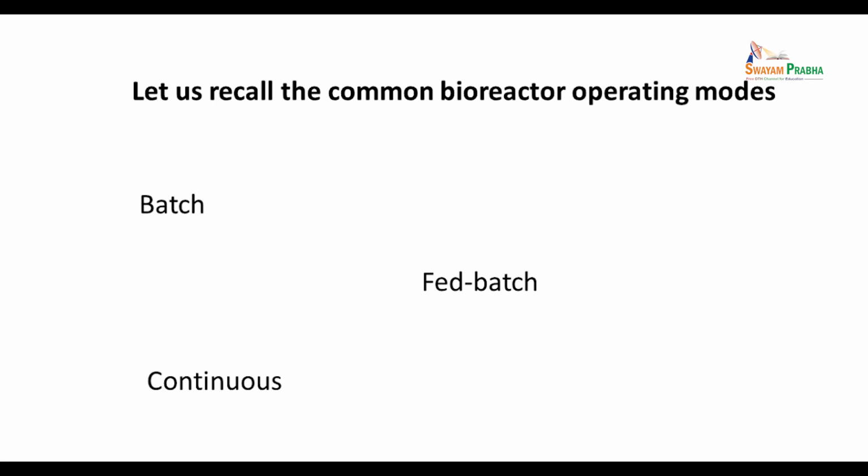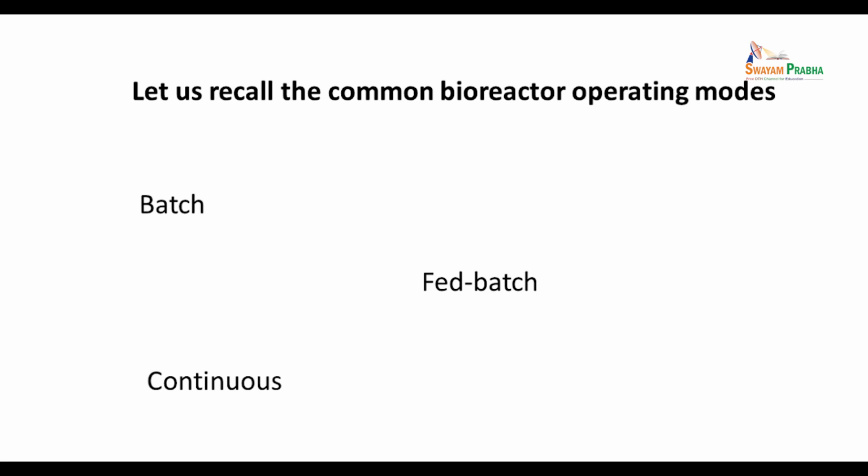Let us look at some basic analysis of these modes, and such an analysis would help us answer design kind of questions, such as how long do we need to operate the bioreactor for a particular desired goal, and so on. That would be a very basic design question that one would want to ask, and based on that there could be other complex design questions that one can answer through such analysis.